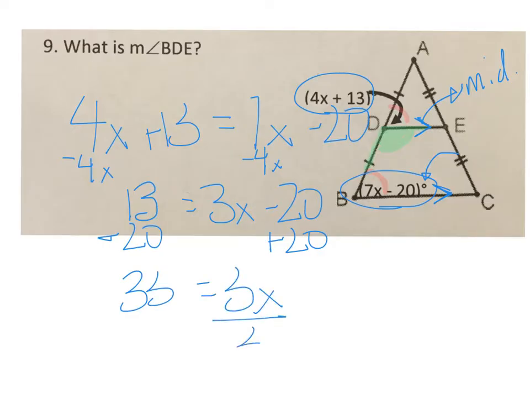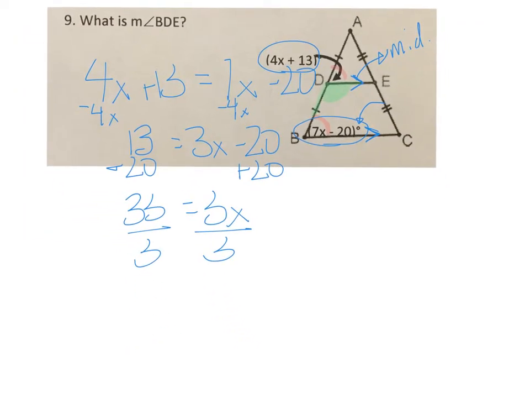Dividing both sides by 3, I get that x equals 11. That's wonderful that x equals 11. Very fun. But that doesn't answer my question, though it gets me on the road to answering my question.